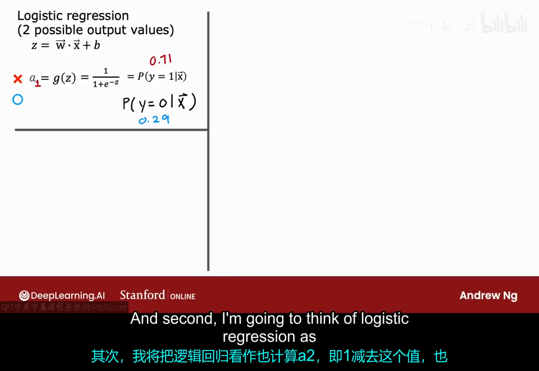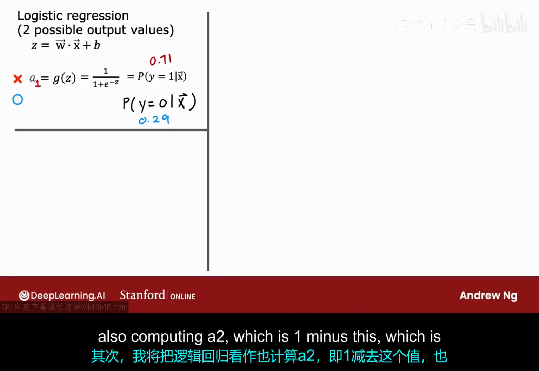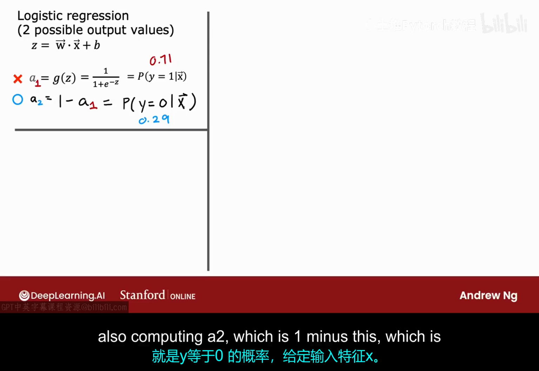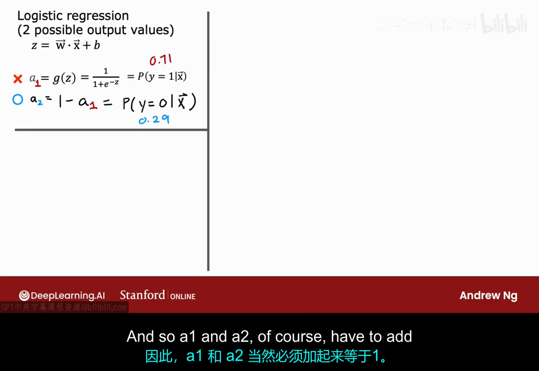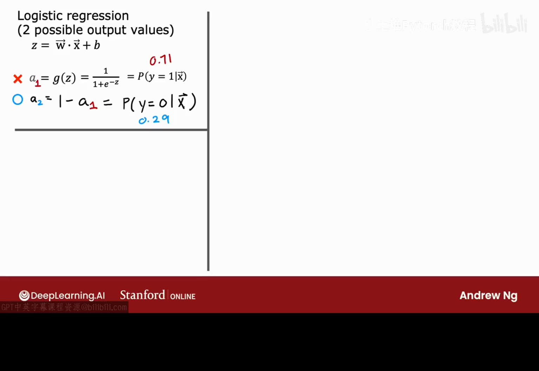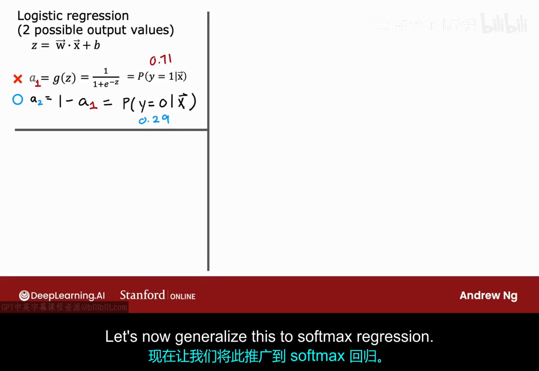And second, I'm going to think of logistic regression as also computing A2, which is 1 minus this, which is just the chance of y being equal to 0 given the input features x. And so A1 and A2, of course, have to add up to 1. Let's now generalize this to softmax regression.